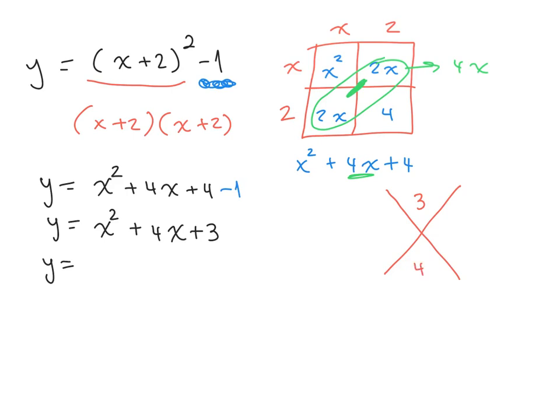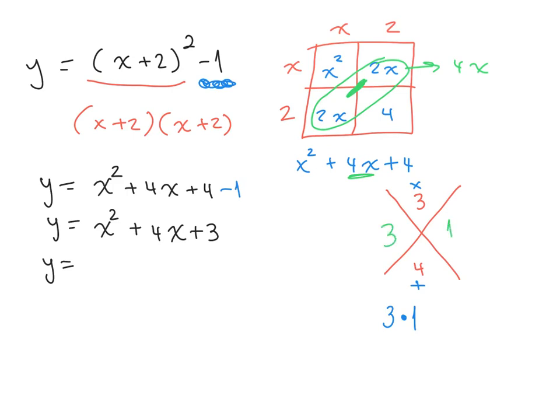So we are looking for two numbers that multiply to positive 3 and add to positive 4. So if we think about numbers that multiply to 3, there's only one pair, 3 times 1, because 3 is a prime number. So if you think about it, 3 plus 1 is 4, so we got it. We got our two numbers, 3 and 1.